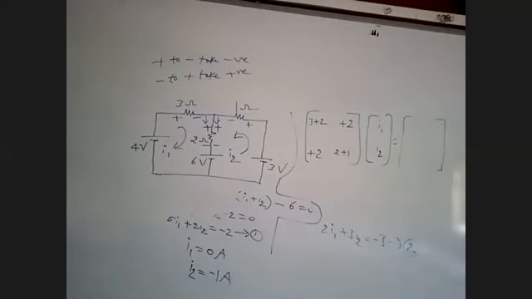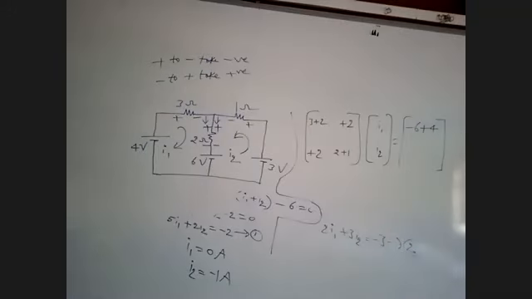Now come to the first loop voltages. In the first loop, I1 is flowing from positive to negative, so minus. In the first loop, we are having 2 voltage sources, -6 and 4.